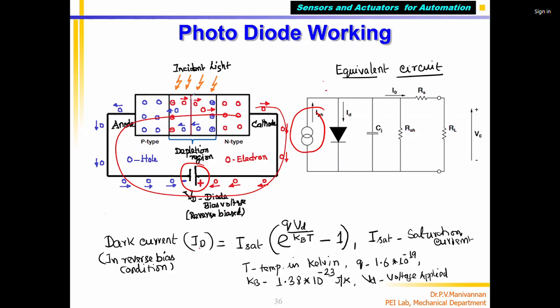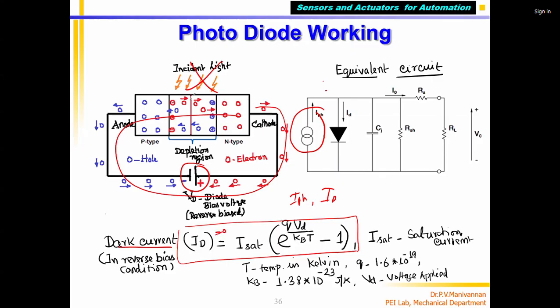There are two types of current. One is called photon current IPH, the other is called ID. ID means dark current. That means if no light is falling, there will still be a small amount of current going. That is called dark current in a reverse bias diode. How much it will be can be calculated using this formula. Theoretically, when no light is shining, dark current should be 0 amps.